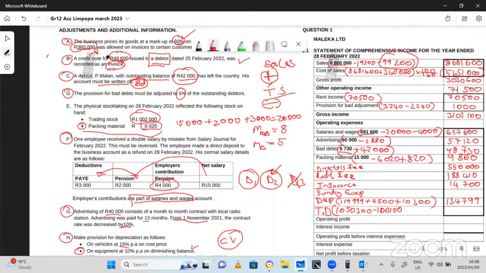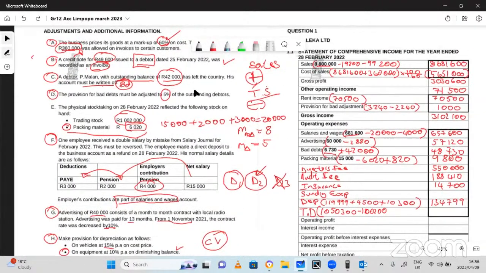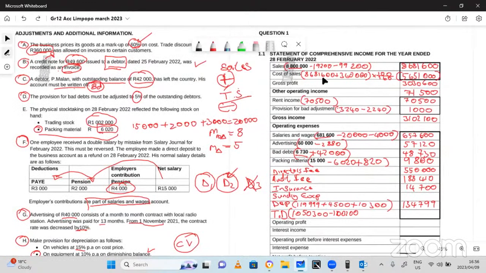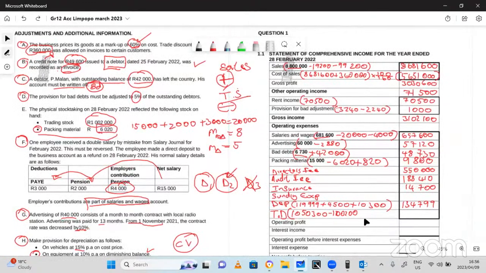And it's going to affect the trading stock in an opposite way. So what do I mean by that? If it was affecting the sales negatively, the trading stock is affected positively. But the only thing we are going to change is we are looking for the cost price of it, not the selling price. So the 99,200.